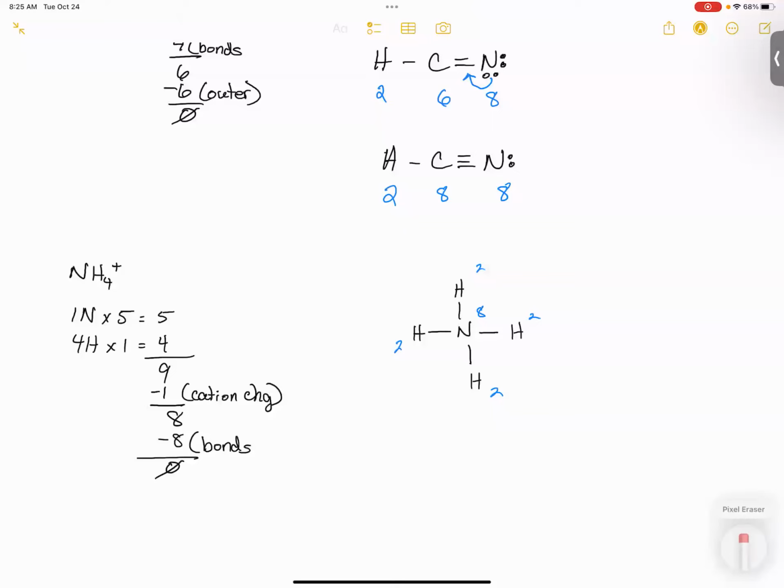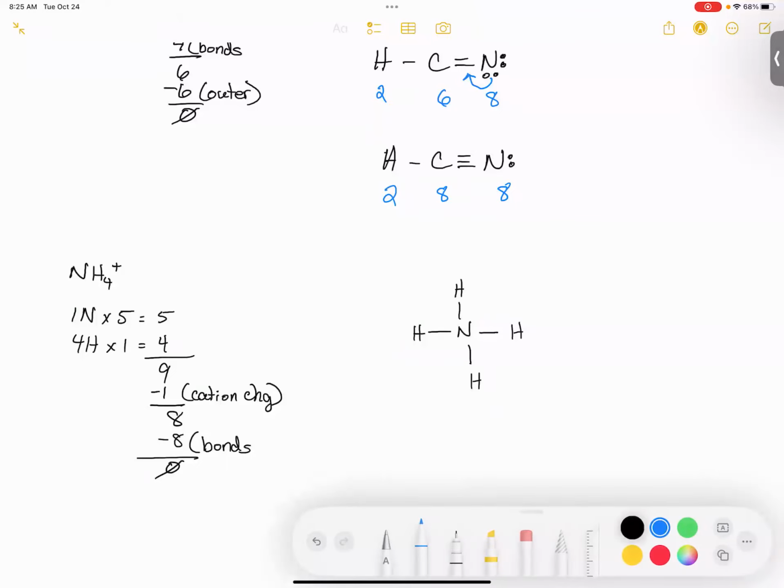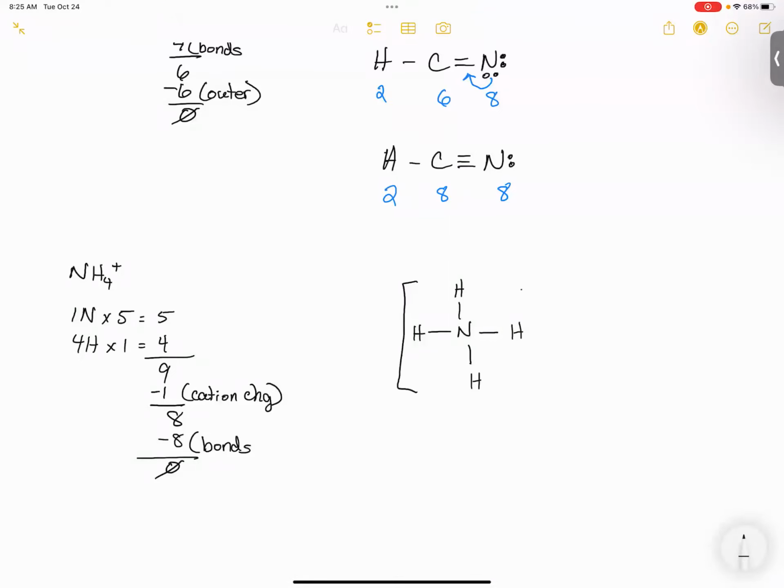So this is something you'll need to add to the sheet. Basically, if you have an ion, you have one more step after you've gotten the basic Lewis structure. If you have an ion, you need to put the ion in brackets, just like we were doing with ionic compounds, with the charge outside the bracket.